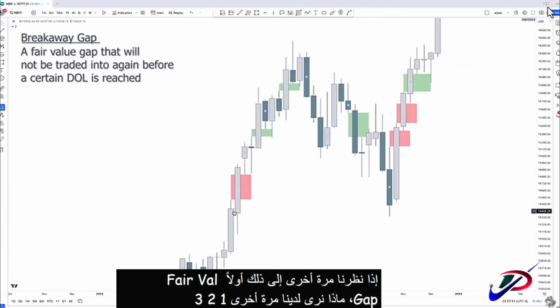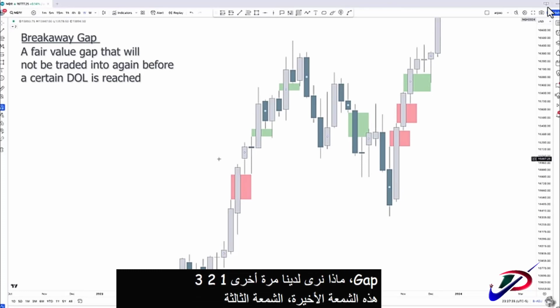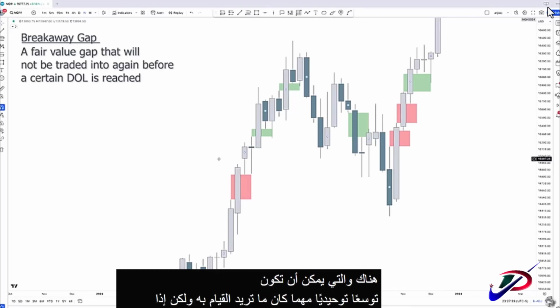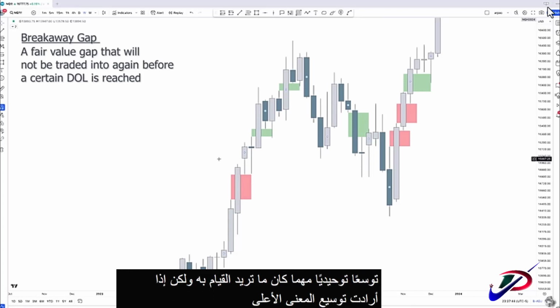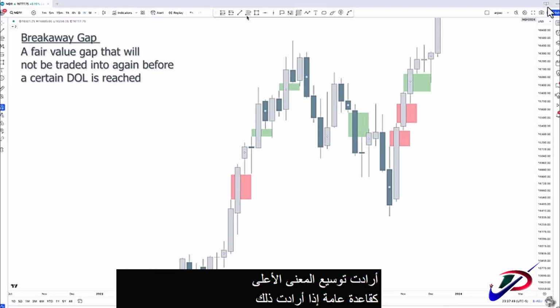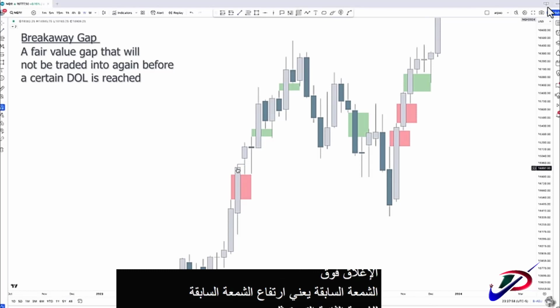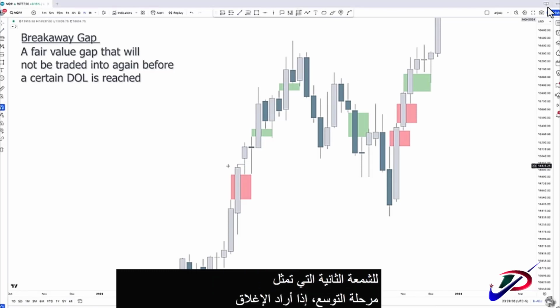We have again 1, 2, 3. This last candle, the 3rd candle right there, that can be a consolidation, expansion, whatever it wants to do. But if it wants to expand higher, meaning as a general rule of thumb, if it wants to close above the previous candle high, meaning previous candle high of the 2nd candle, that is the expansion phase.